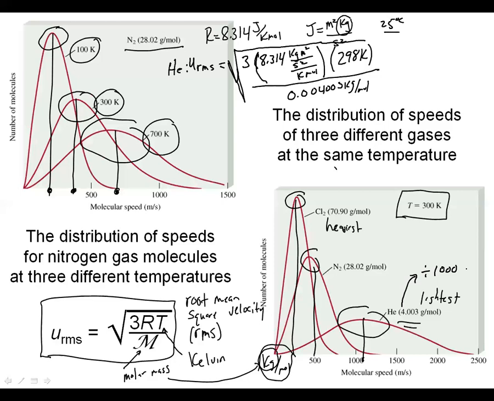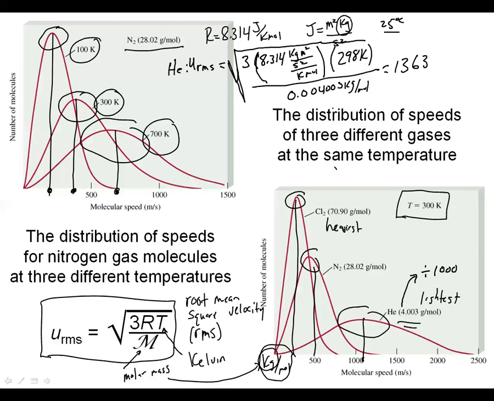And if we do all that, we would take 3 times 8.314 times 298, and do a little square root on it. And we will end up with something like 1,363.